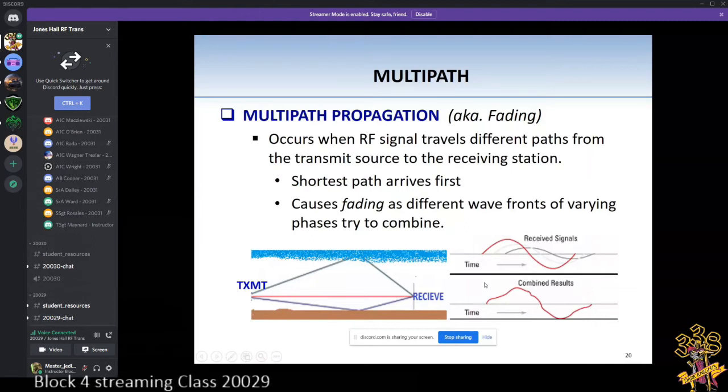Okay. Do you remember talking about an automatic gain control on the receiver of your radio in previous blocks? Yes, ma'am. What was the purpose of that? Anyone remember?